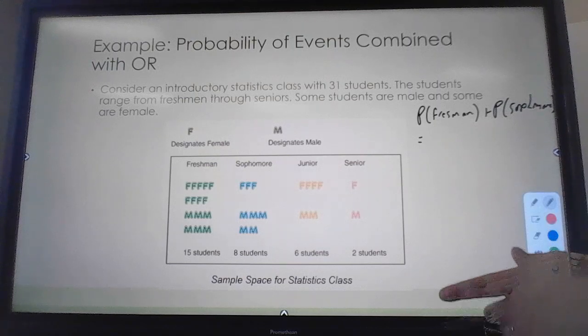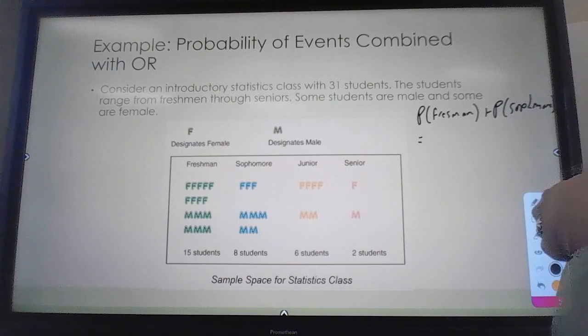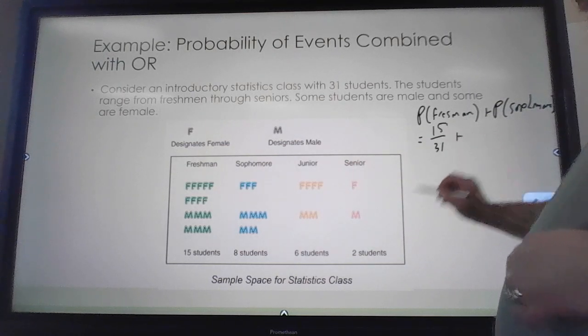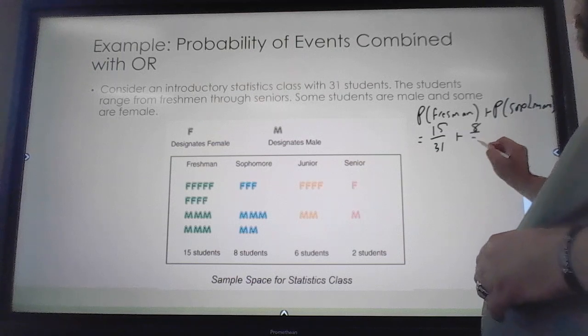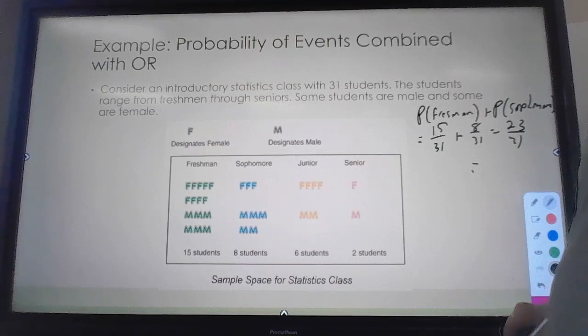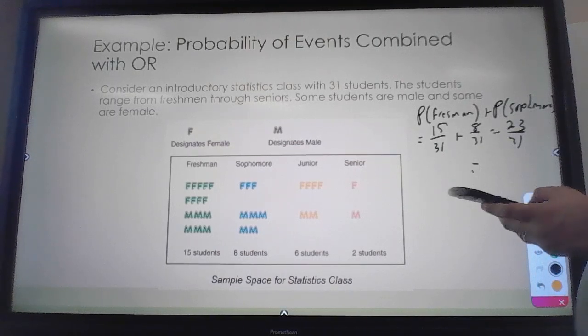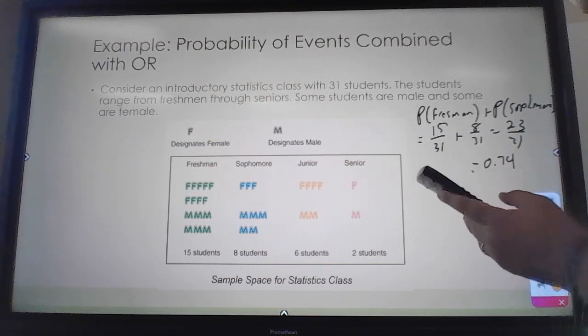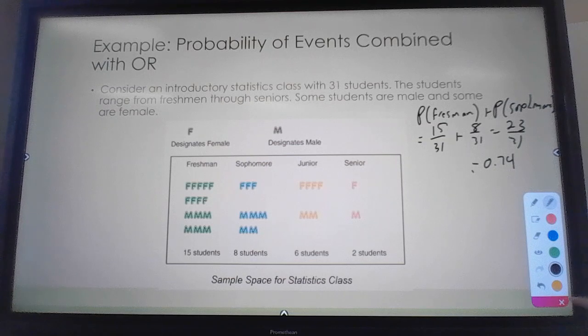So 31 students in total, 15 freshmen, 15 over 31, plus 8 sophomores, 8 over 31. That's 23 over 31, which, rounding to 2 decimal places, is 0.74.